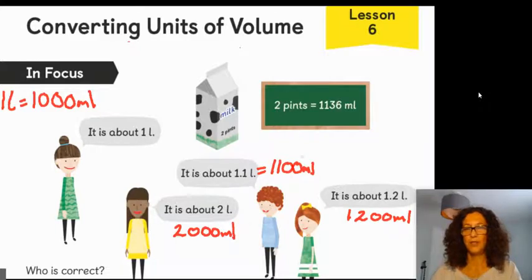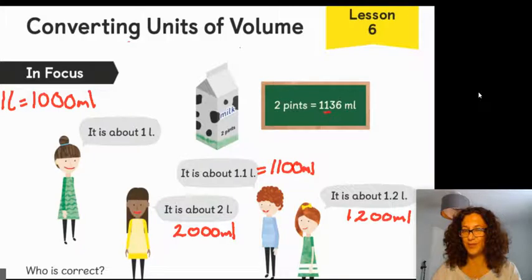Now, what I want to know is we've got 1,136 millilitres. Who is closest to the nearest litre? To the nearest litre. So remember rounding up or down. So if we were looking at litres, what number are we looking at? Are we looking at the ones? The 3? No. Yes, you're right.